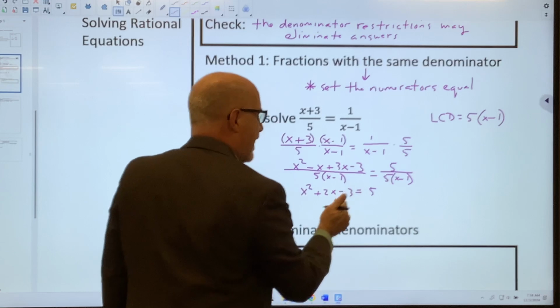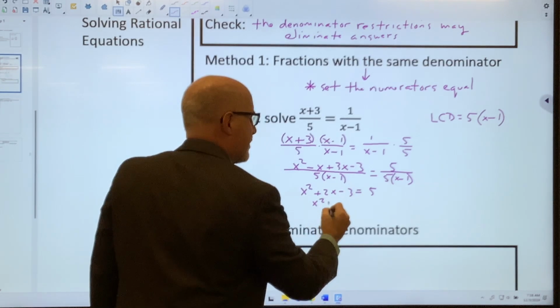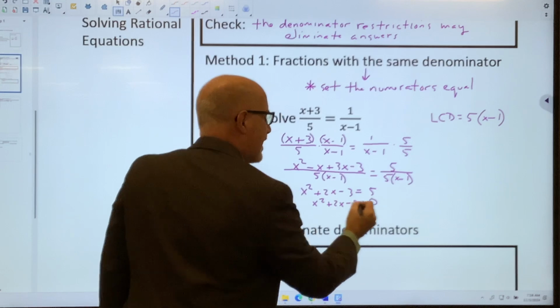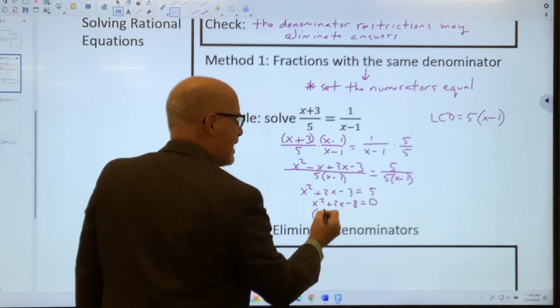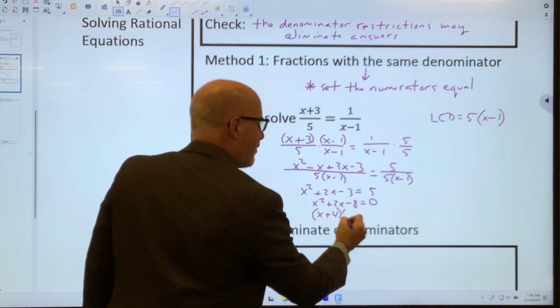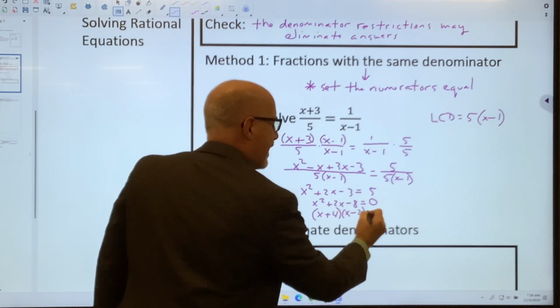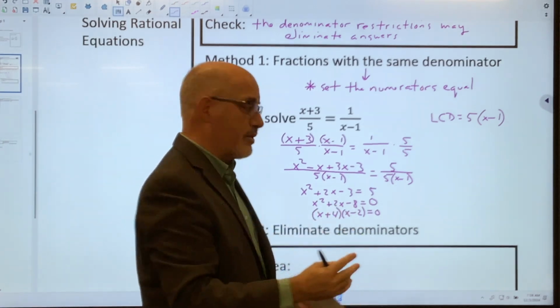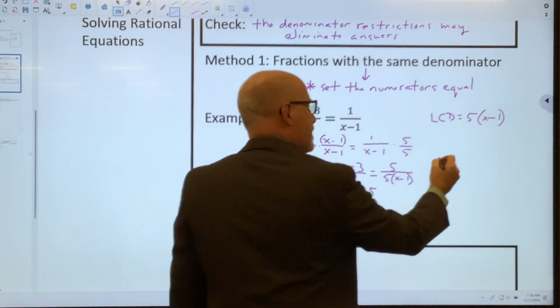I'm going to subtract 5 from both sides and get minus 8. Now I'm going to factor this once it's equal to 0. I get x plus 4 times x minus 2 when I factor it. Remember, when two things multiply to equal 0, set each of them equal to 0.